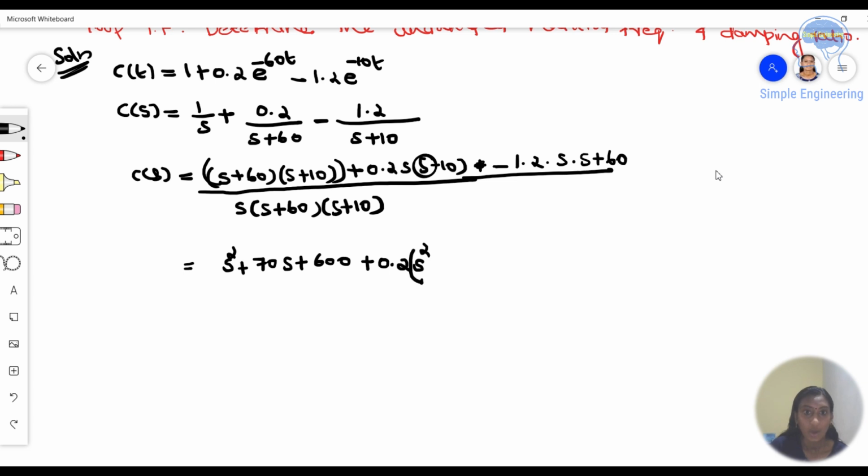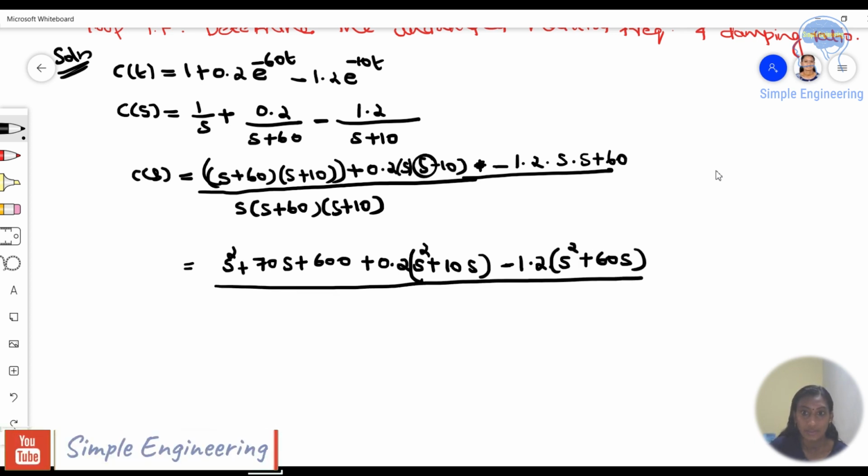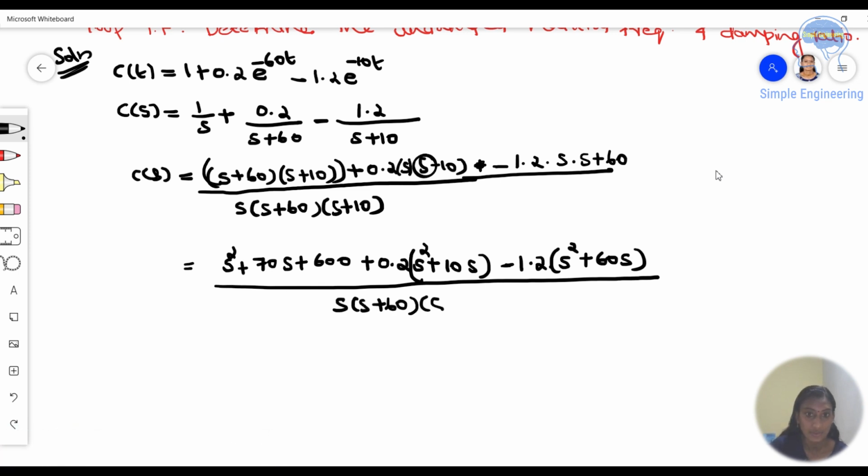The second term is 0.2 into s into s plus 10, that is s square plus 10s, and here minus 1.2 into s into s plus 60, that is s square plus 60s, the whole divided by s into s plus 60 into s plus 10.